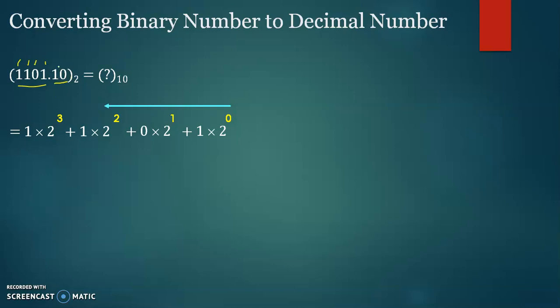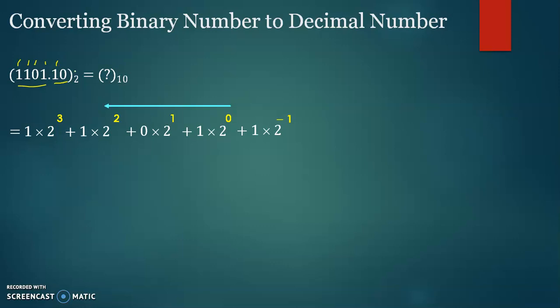For the fractional part, first we have this one. So once again we will write like this, 1 into 2, and the power of this first 2 in the fractional part is -1.